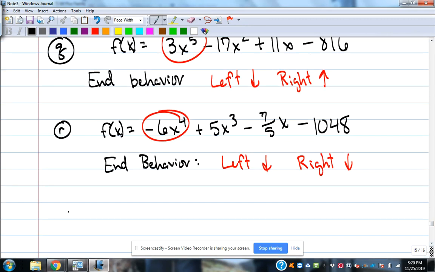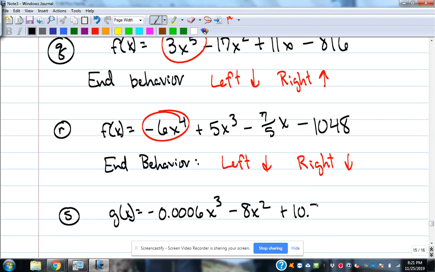Do one more, and we're done. G of x, let's do negative 0.006 x to the third minus 8x squared plus 10.7x to the first plus 104.8. Weird problem because it's got decimals in it, right?